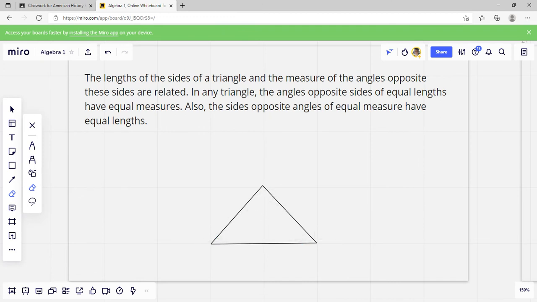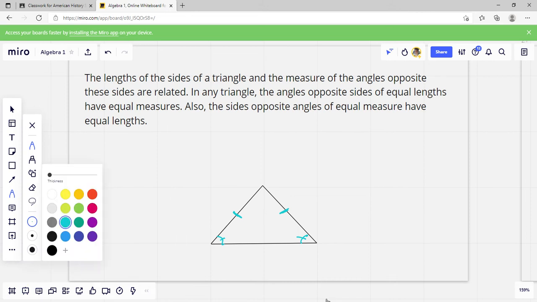So let's say we take this triangle right here and this angle and this angle are equal. That means that the opposite sides, here, that's the opposite of that one, and here will also be equal. Okay? Now let's say that this third side was not equal. That means that the one opposite it will not be equal to those two.